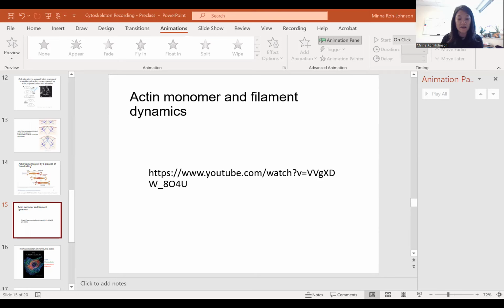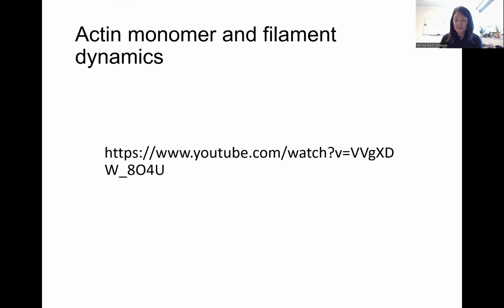The yellow ones are ATP loaded. These ones are ADP. Now, when all of the actin is ADP, you start to get depolymerization of the actin filament. I'm going to pause there because we don't need to learn about all the actin accessory proteins. So I hope that goes over for you the dynamic processes of an actin filament.